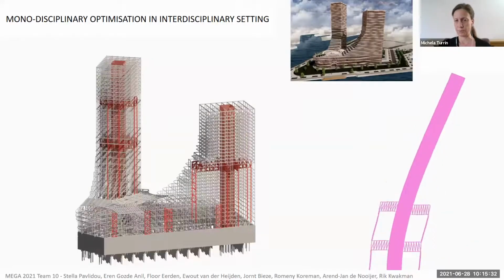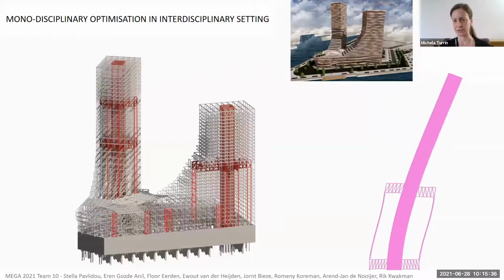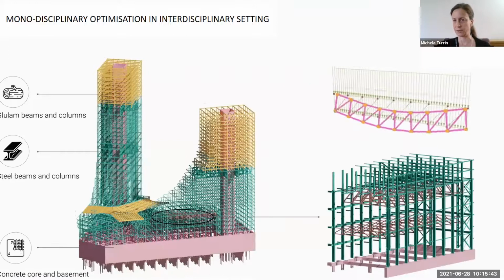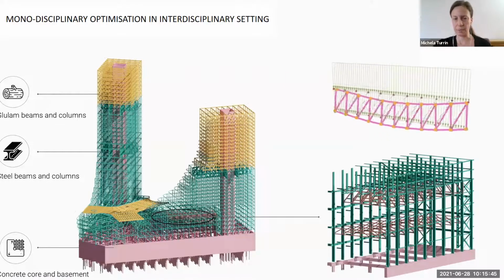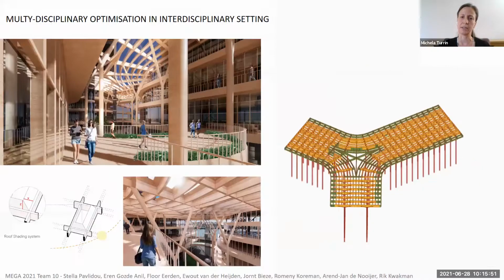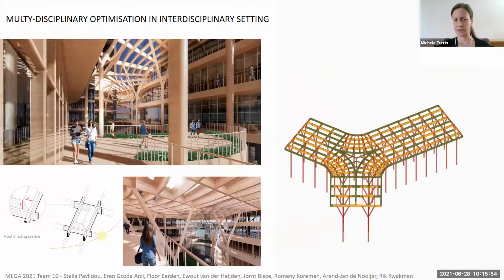So students go from very disciplinary optimizations, like in this case, we see just a fast sketch for the positioning of the outrigger within the entire structural system, or the very close-up definition of certain specific structural members within the entire structural system, or more integrating aspects, such as the example of this case.